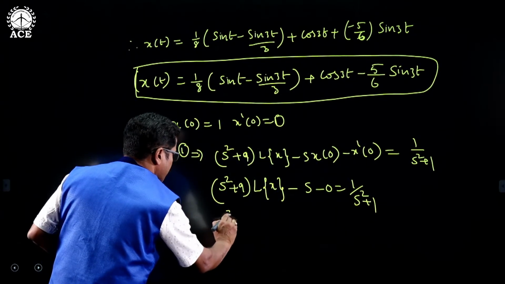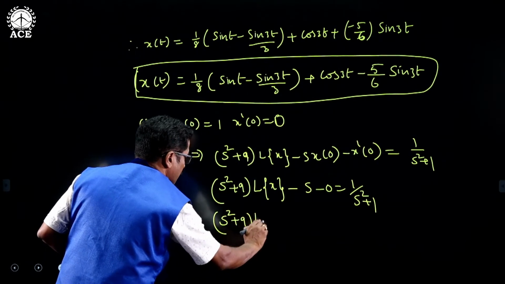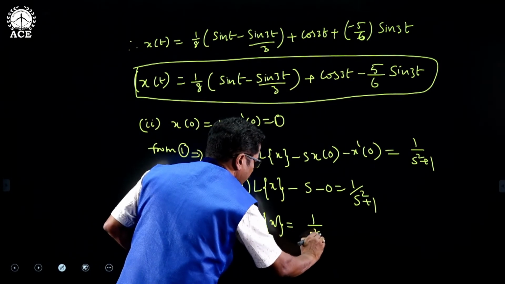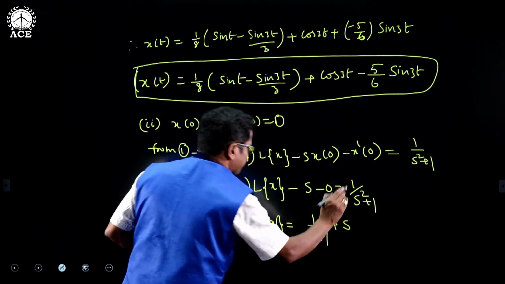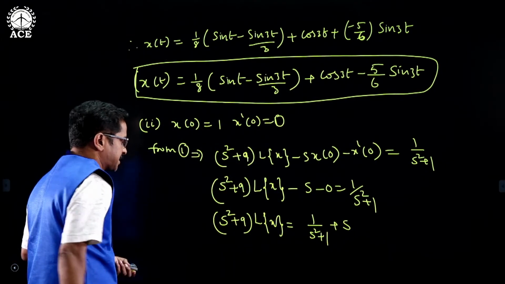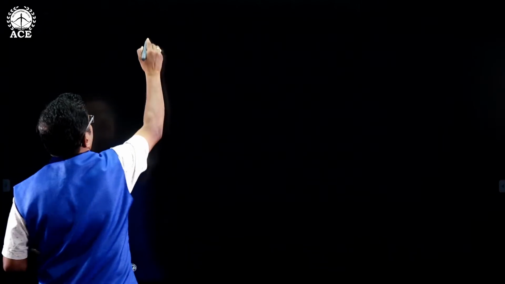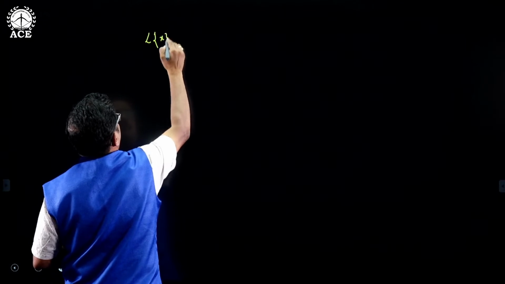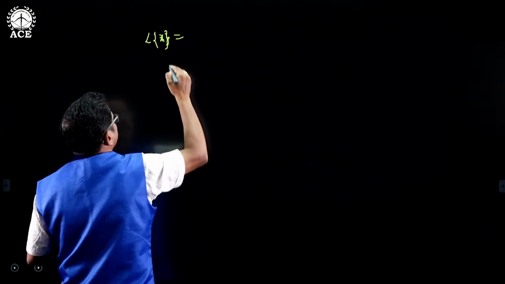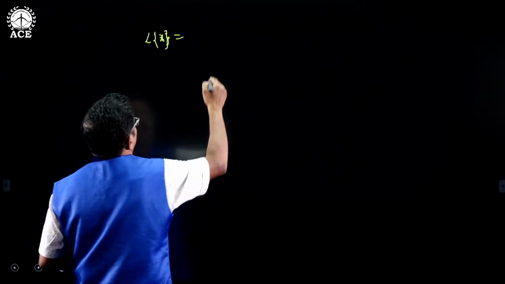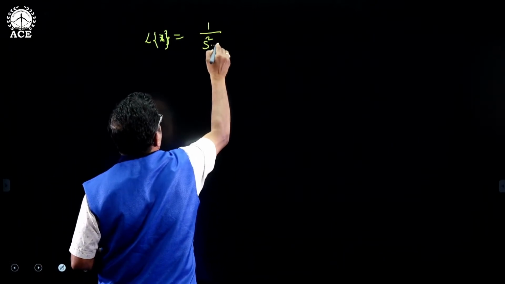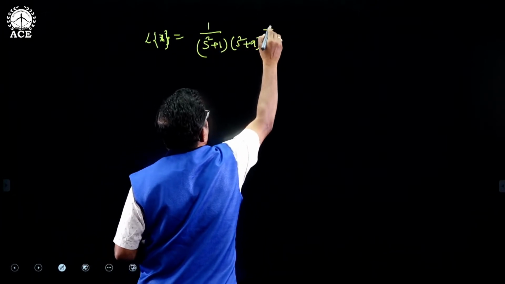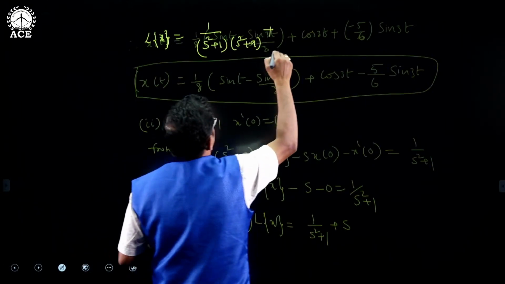So s square plus 9 into L of x equals 1 by s square plus 1 plus s. I am just taking minus s to that side. So then L of x equals 1 by s square plus 1 into s square plus 9, plus s by s square plus 9.